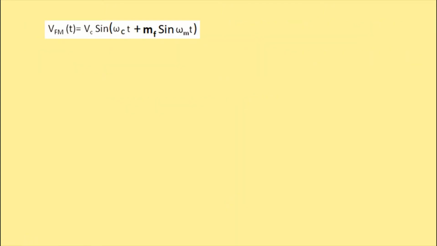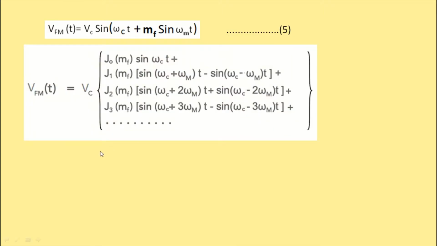So now getting back to our equation number 5, when we solve equation 5 using Bessel's function, the expression we get is something like this. Here, if you observe, this is an expression which has an infinite number of terms. Here I have used some coefficients: J0, J1, J2, J3 and so on. These are the standard coefficients used in Bessel's function, and they are called the coefficients of zeroth, first, second, and so on order of Bessel's function.